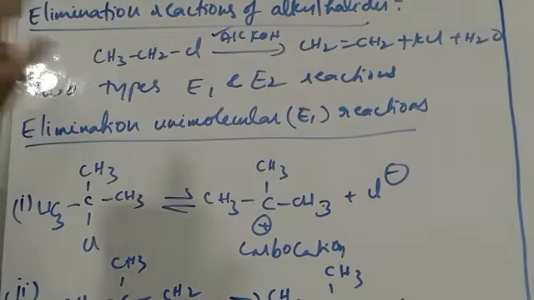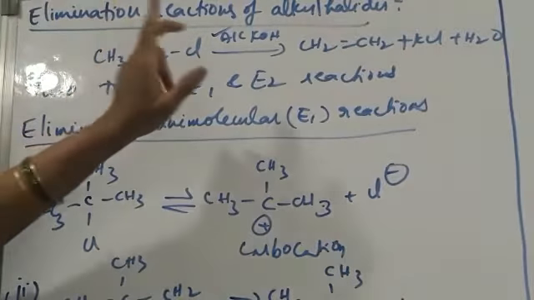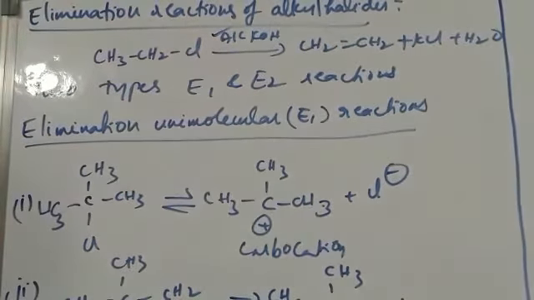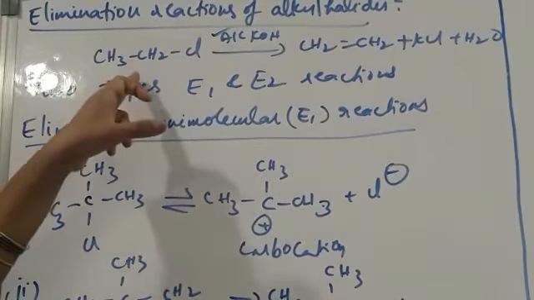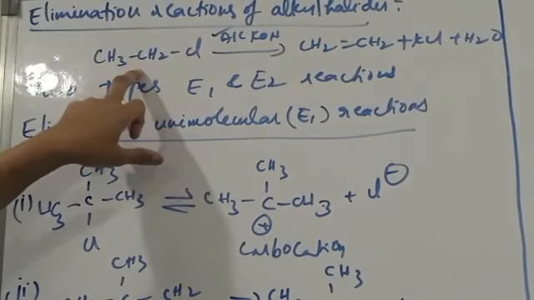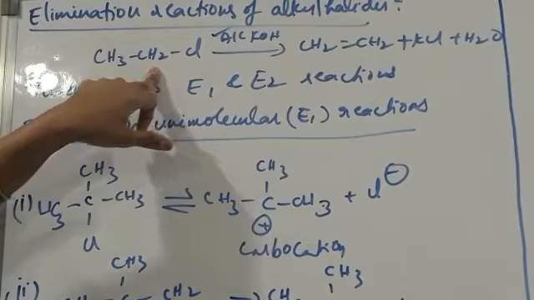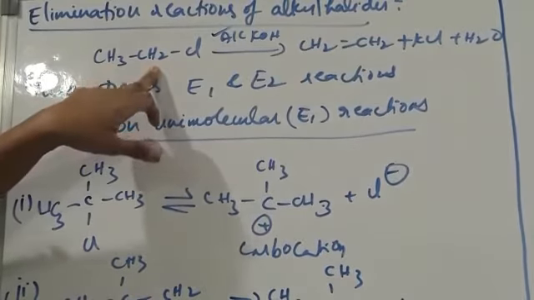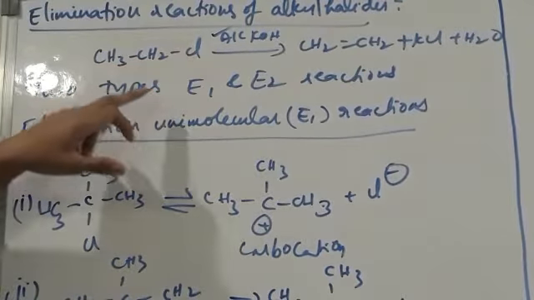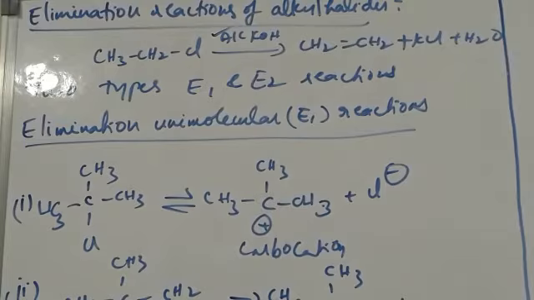So it removes both hydrogen and halogen which are present on adjacent carbon atoms. For example, if we take a simple reaction, ethyl chloride undergoes dehydrohalogenation in presence of alcoholic potassium hydroxide.